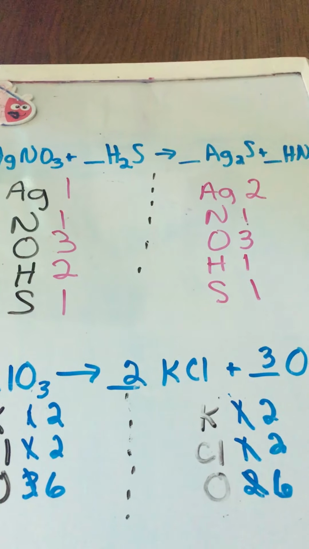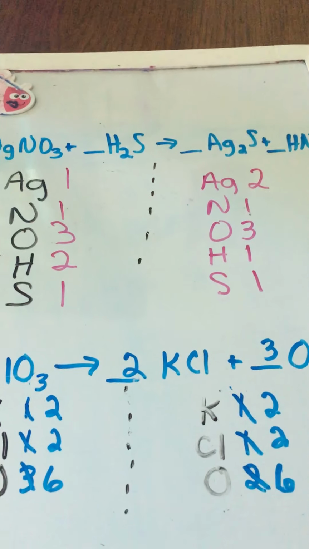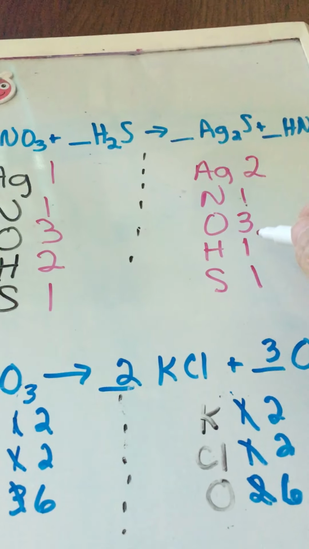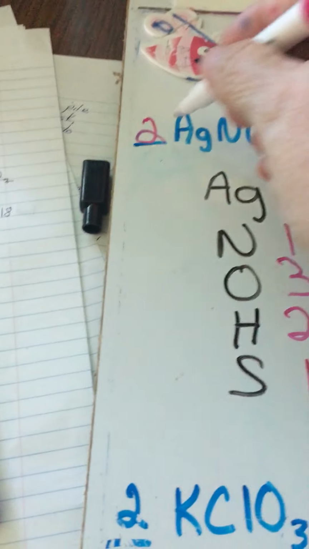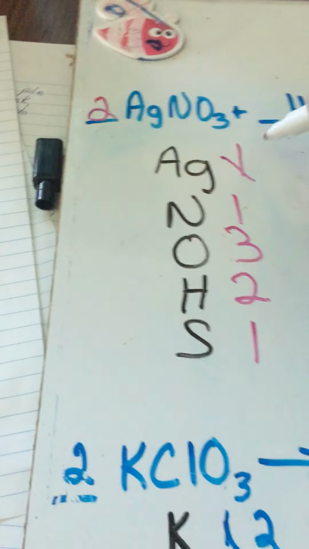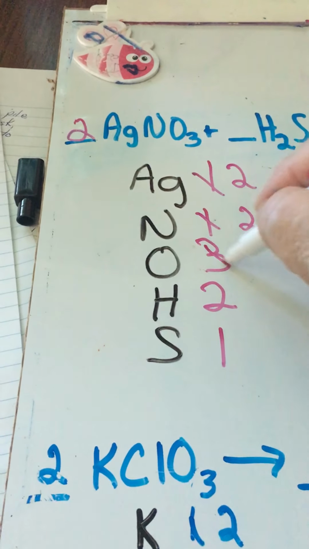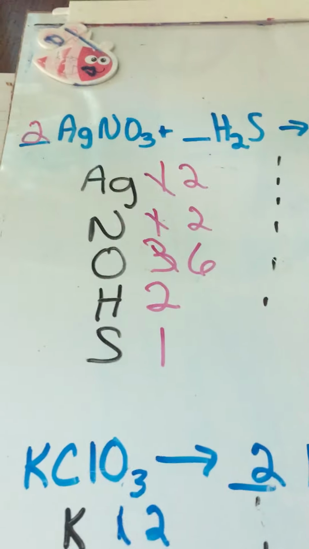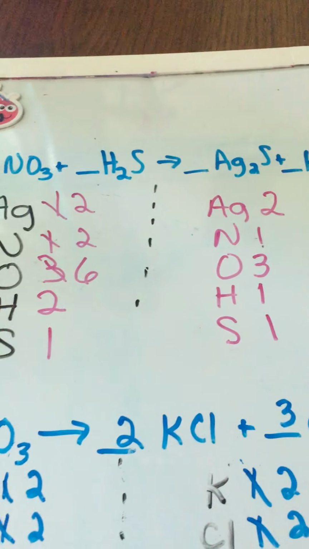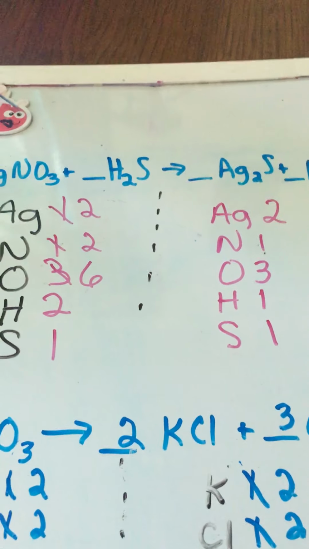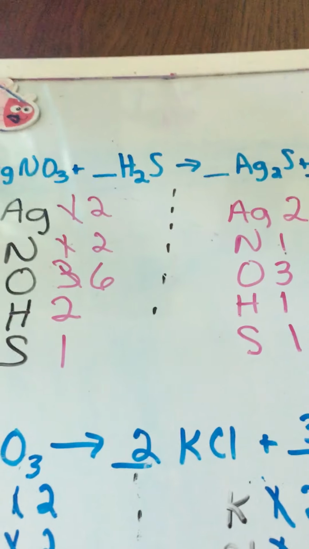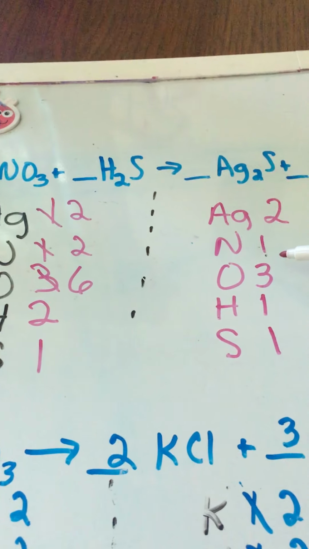I'm going to start with balancing silver. I have 2 on the right, so I need 2 on the left. So I'm going to write a 2 here and recount all of these. Okay, now I see that I've messed up my nitrogen over here, so I'm wanting 2 nitrogens.